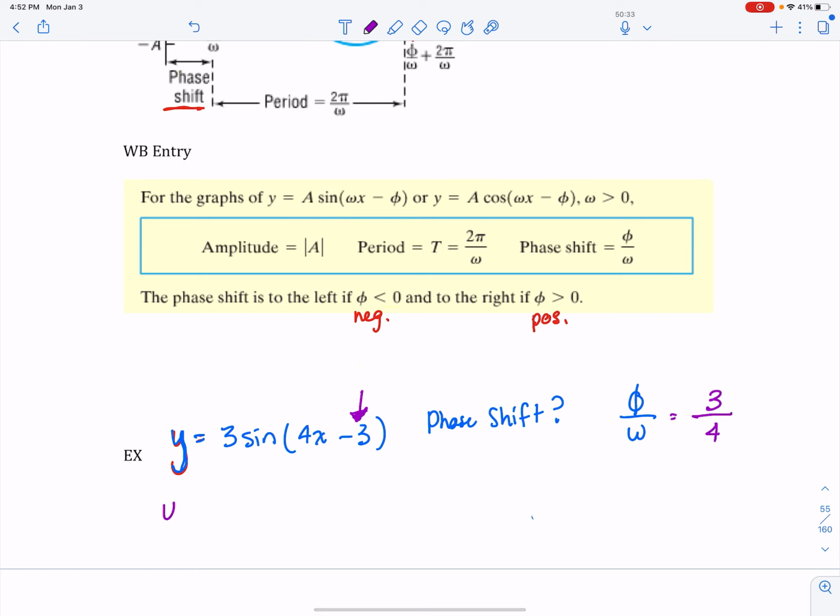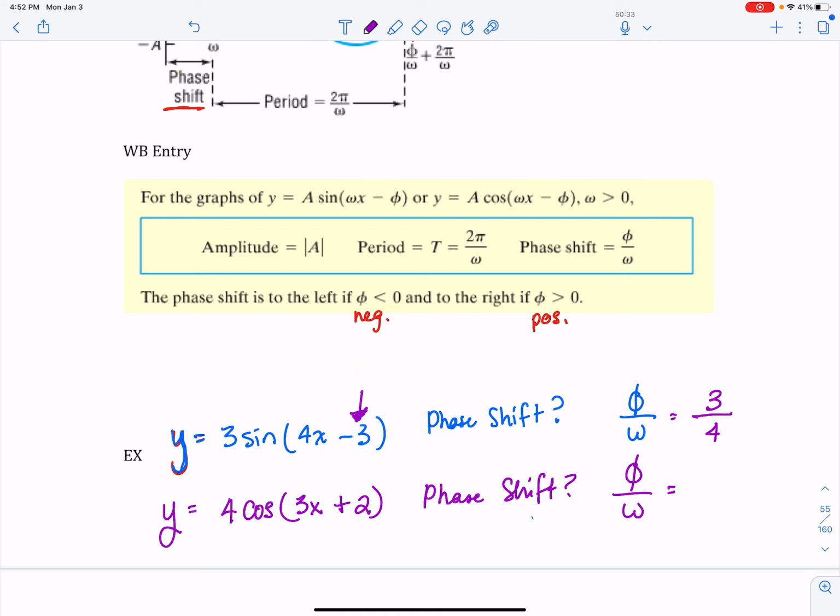So here's another example. y equals 4 cosine of 3x plus 2. And now I'm going to look for the phase shift for this one. So once again, if I'm looking for the phase shift, remember it is going to be phi over omega. Phi in this case is actually -2, because remember the standard form has to have a negative in it.